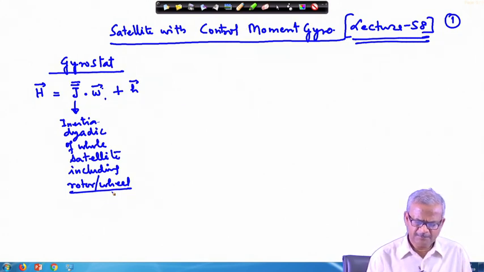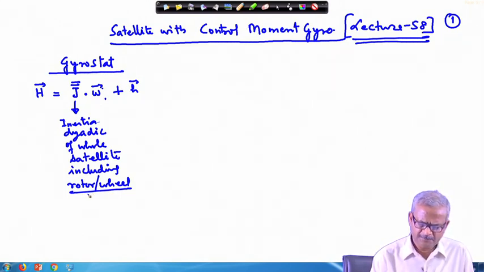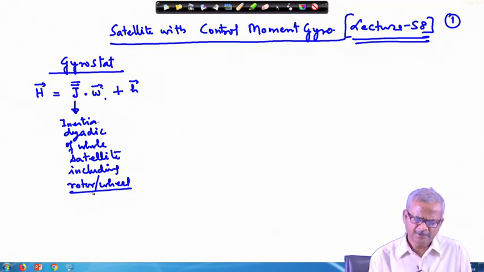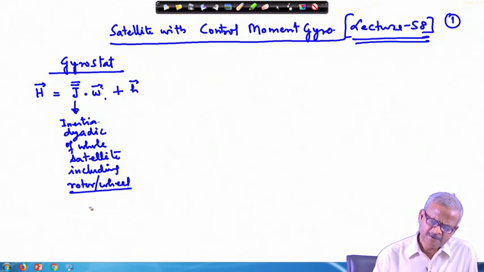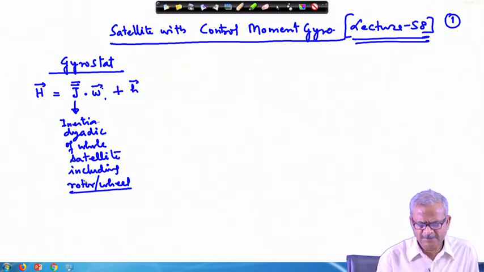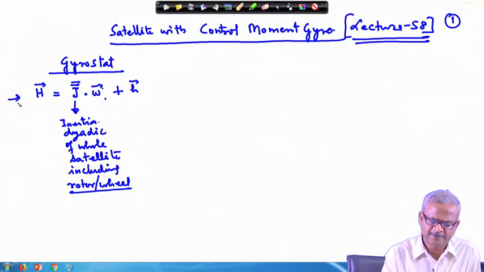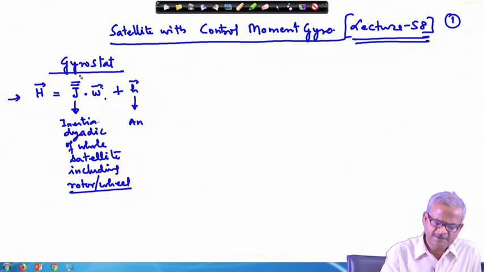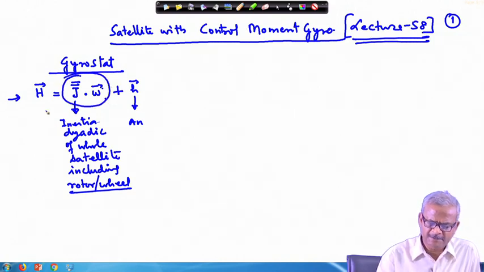Reaction wheel and this rotor, which are momentum storage devices or momentum transfer devices, we use in a separate sense. We will discuss that issue, we will leave it for the time being. So, the inertia dyadic for the whole satellite, this relationship we have derived, and this is the angular momentum of the whole satellite.